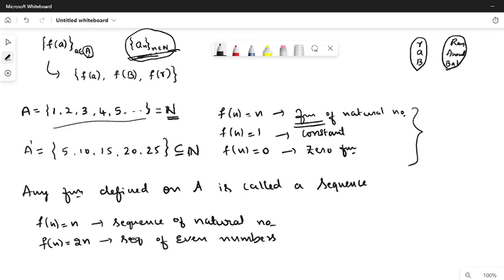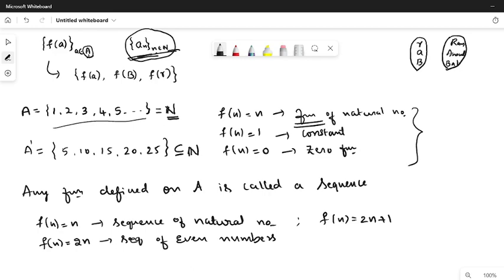So similarly, if you take f of n to be 2n plus 1, I mean sequence of odd numbers, sequence of odd natural numbers.